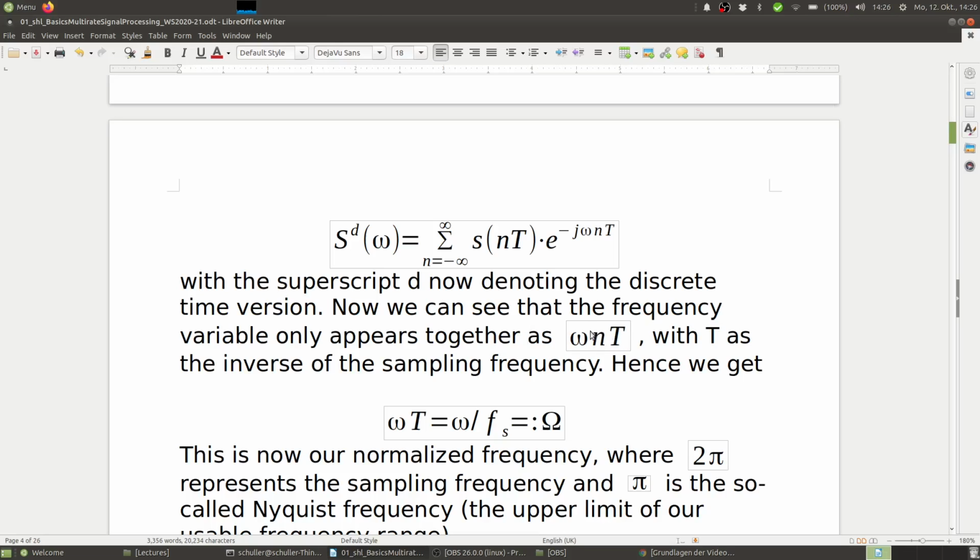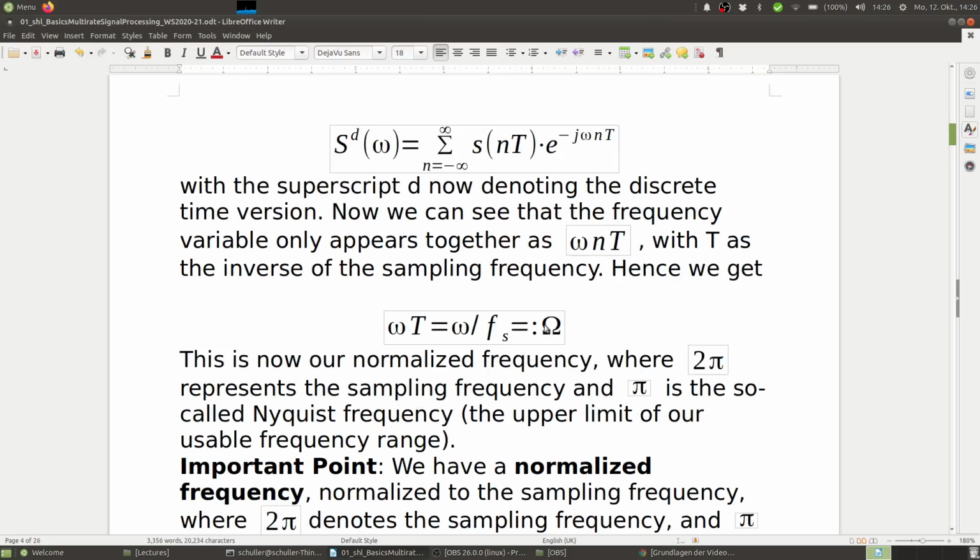So we always have this omega and T, and this T is constant, right? And T is the inverse of the sampling frequency. And hence omega times capital T is omega divided by the sampling frequency. And this is now our normalized frequency, right? So here we normalize to our sampling frequency, Fs.